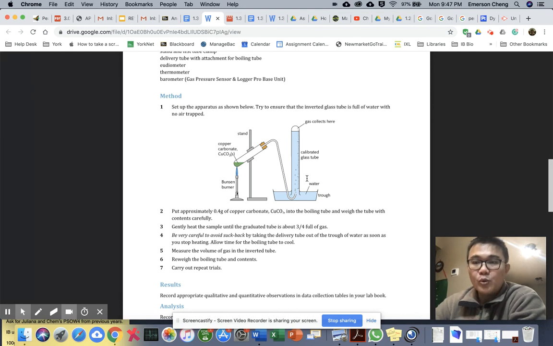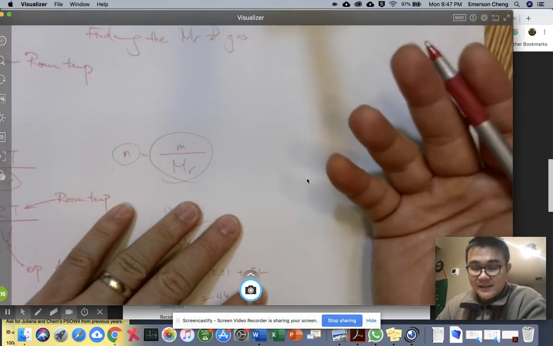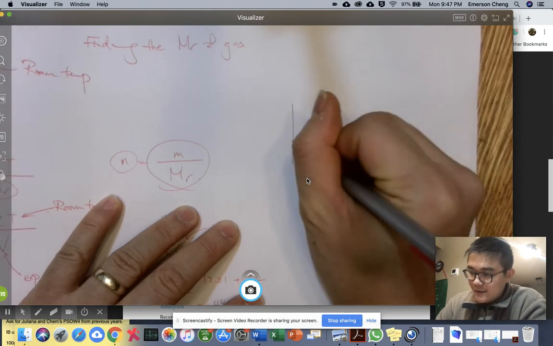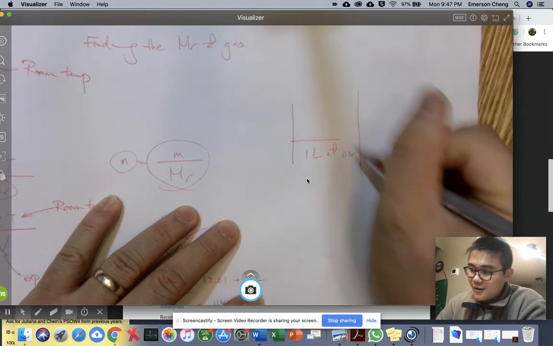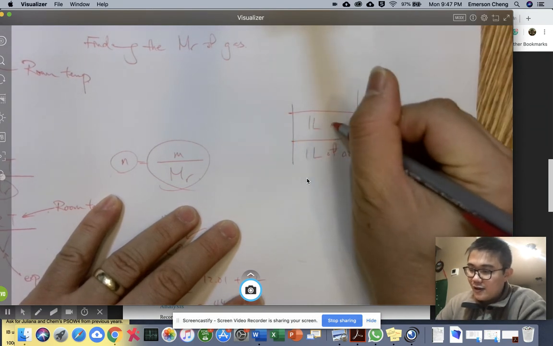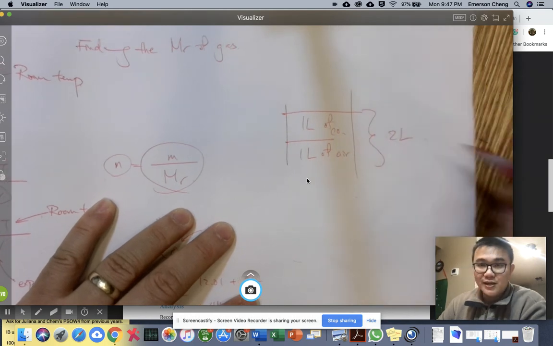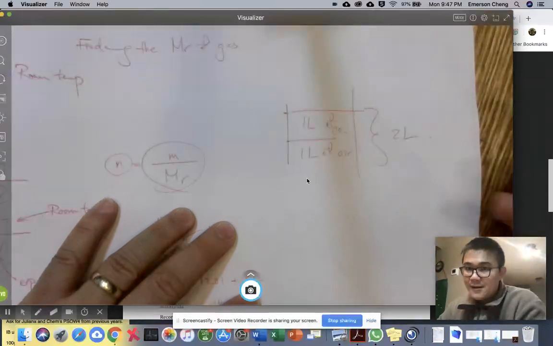We're making an assumption that one liter of air and one liter of CO2 will come up to two liters. You're assuming that will be one to one.